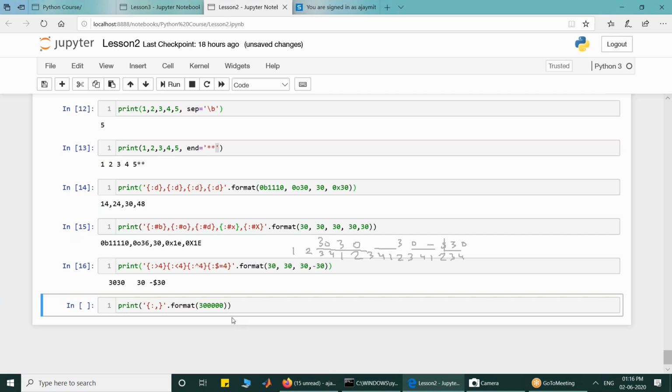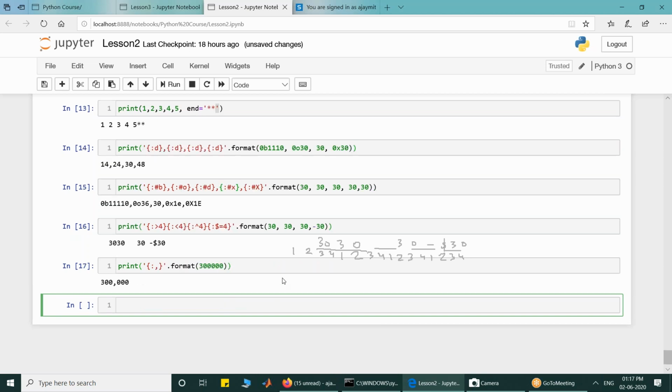Okay. What would be the output of this one? Print colon comma format. This is 1, 2, 3, 4, 5, 6, this is 3 lakh. So what would be the output? Thousands separated. After 3 places, a comma will be placed, and then 300 will come.